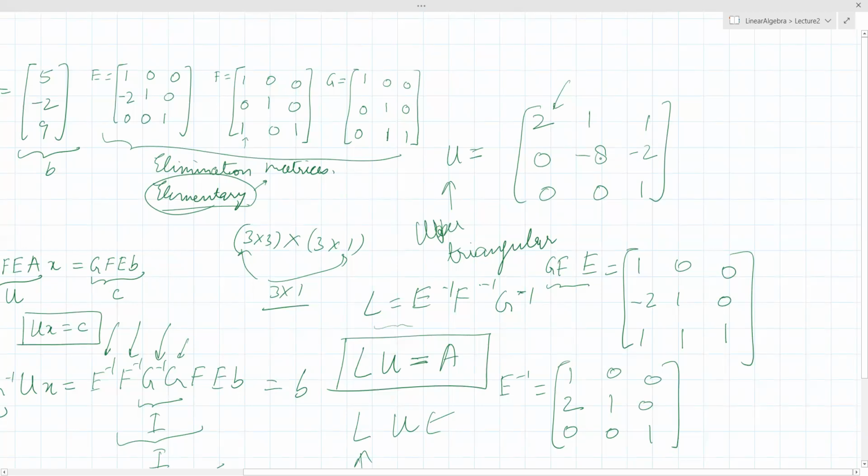They are your pivots. So all the diagonal elements are pivots. Can you see that?